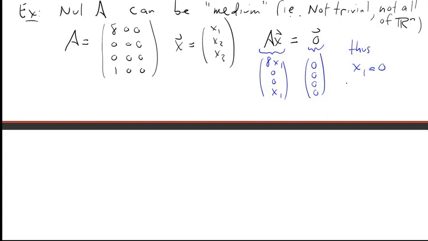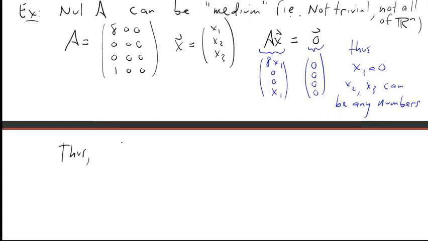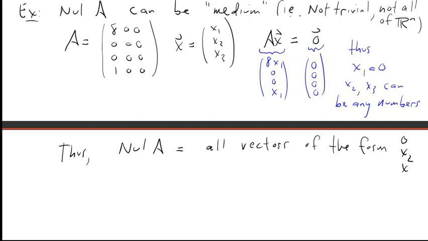And x2 and x3 can be anything. No restrictions. Therefore, the null space of A consists of the vectors of the form (0, x2, x3), where x2 and x3 are any real numbers.